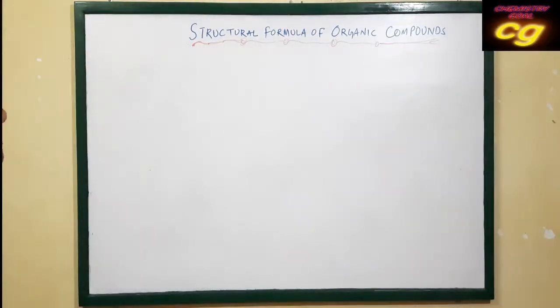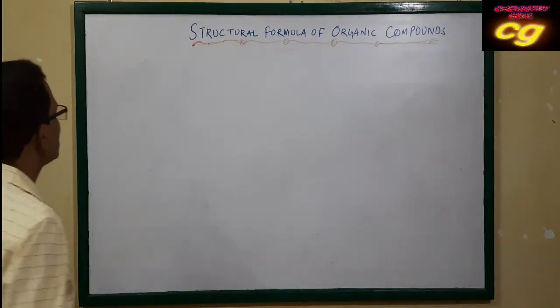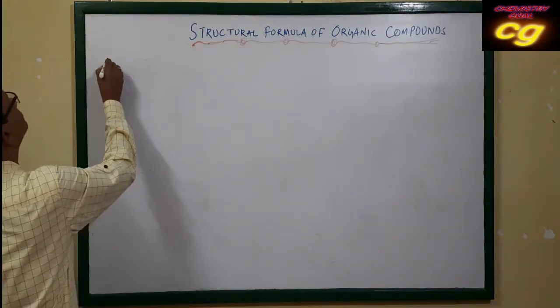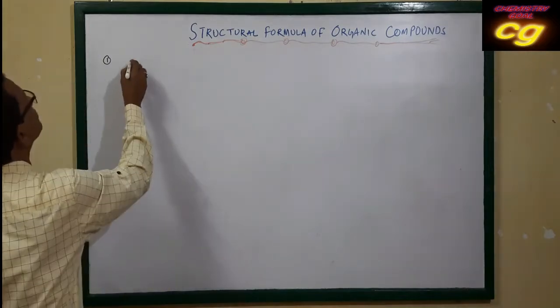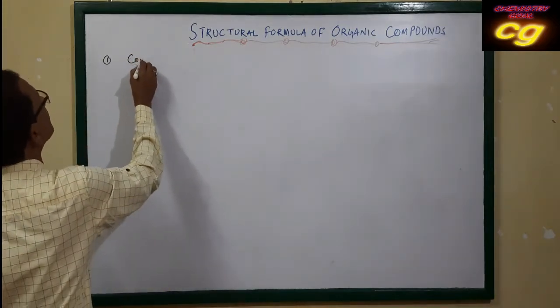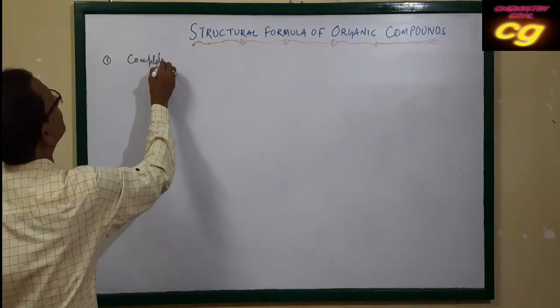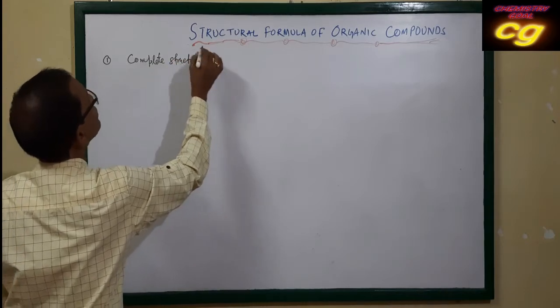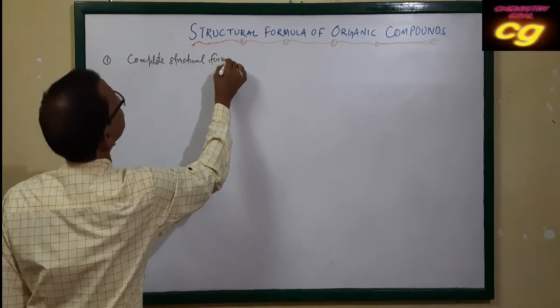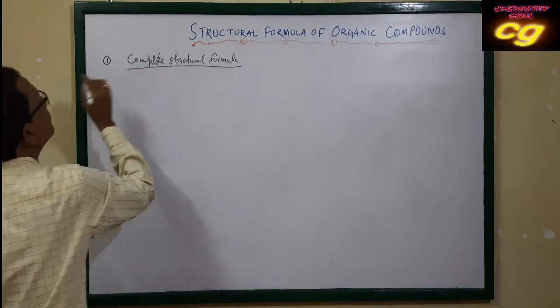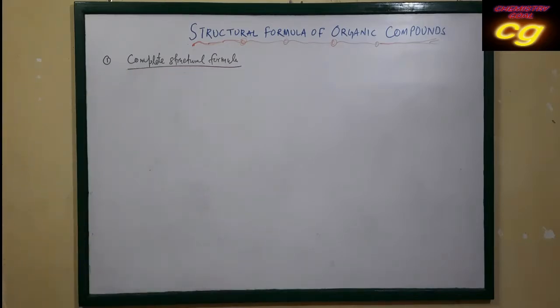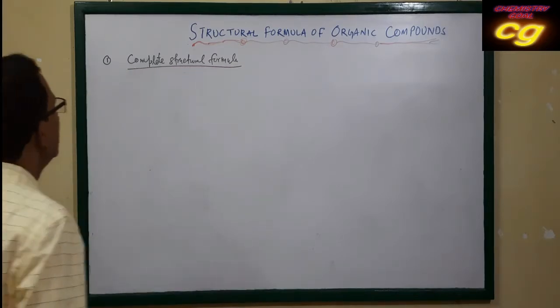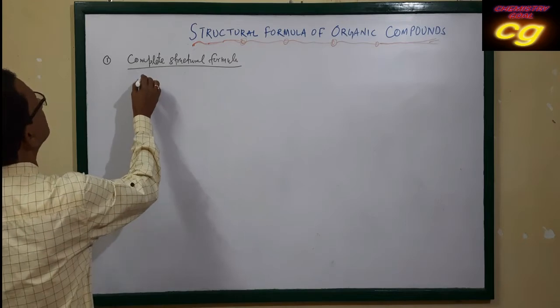So organic compounds can be written in different structures. First we can write the complete structural formula. Suppose the example is ethane.